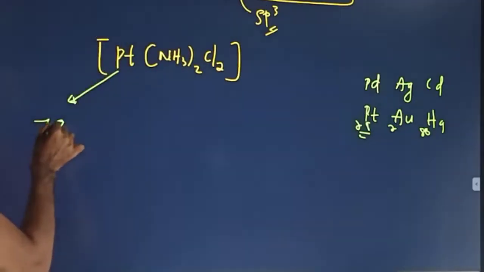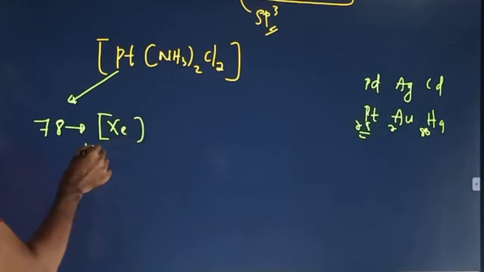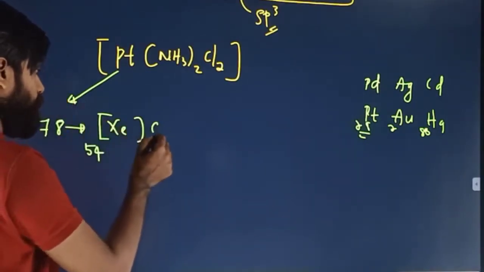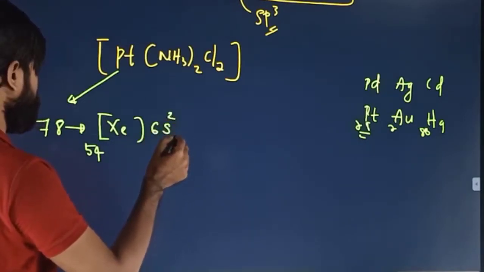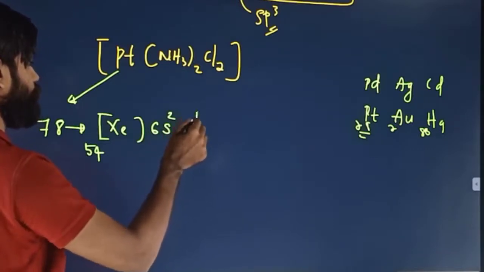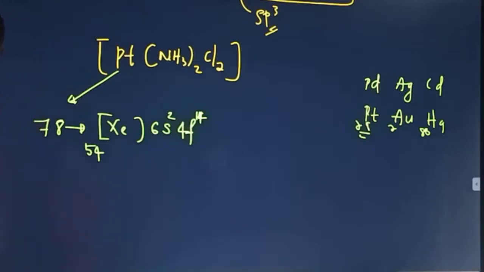If the atomic number of platinum is 78, the configuration is xenon 54. Fourth period is over, fifth period is over. 6s2, 4f14. That is 16 over.